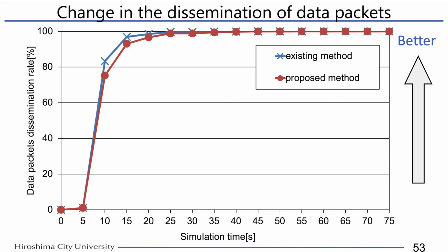Finally, since a side effect of reducing the number of routes is that data packets may not be delivered, we next investigated the data packet dissemination rate. In this graph, the vertical axis shows the data packet dissemination rate, and the horizontal axis shows the simulation time. The blue line shows the existing method, and the red line shows our proposed method.